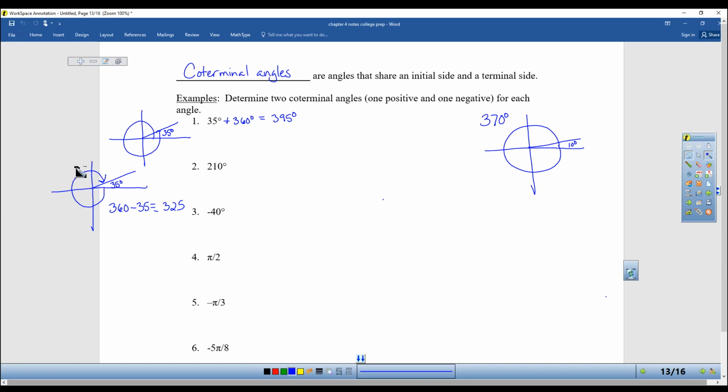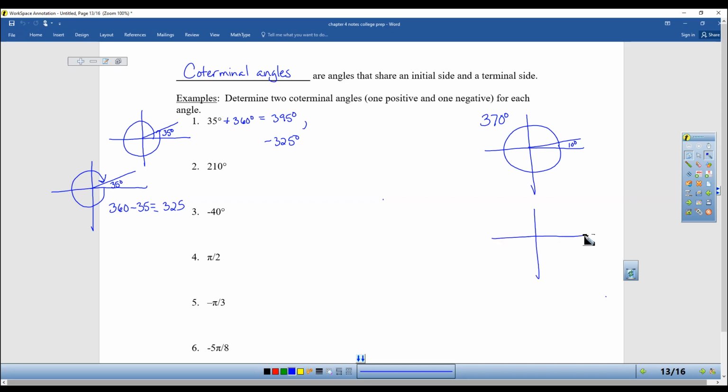But since you've gone backwards, you want to mark it as negative. So another answer is negative 325 degrees. That would be if you started here and you went backwards. Okay, let's do the same thing for 210.